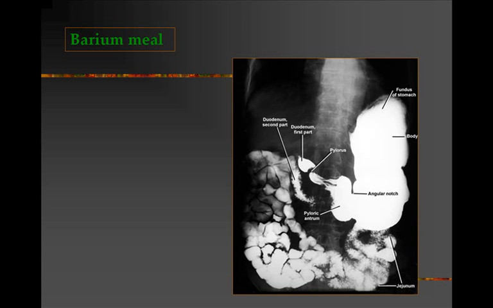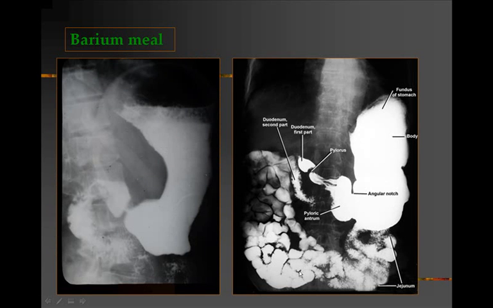A fixed amount of a barium meal is ingested by the patient, and as this passes through the gastrointestinal tract, several images are created by taking X-rays in a timed sequential manner. In this example of a barium meal, one can see the stomach, clearly filled with the contrast material, the duodenum, and the jejunum.